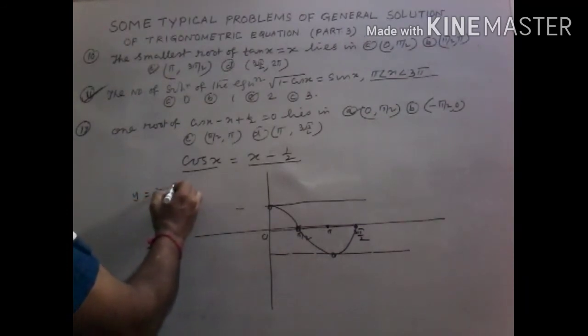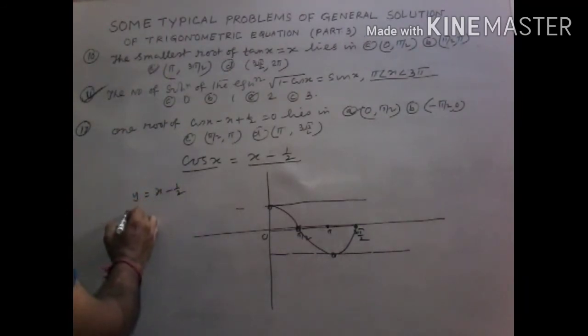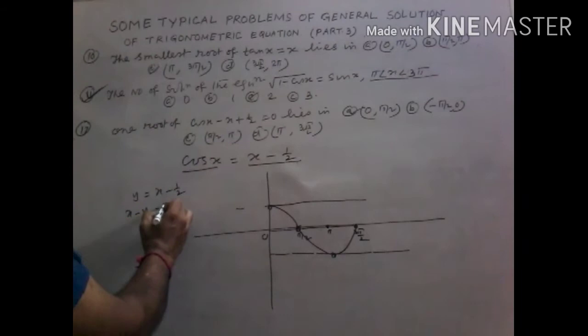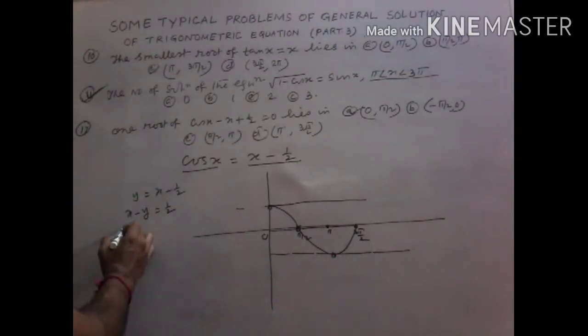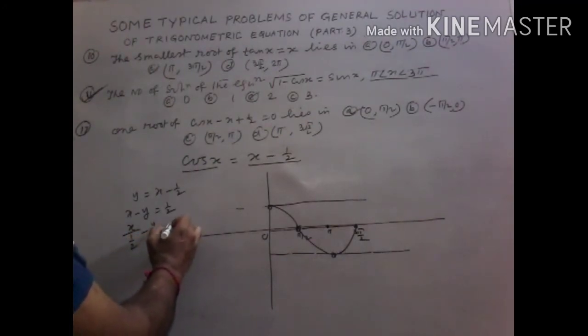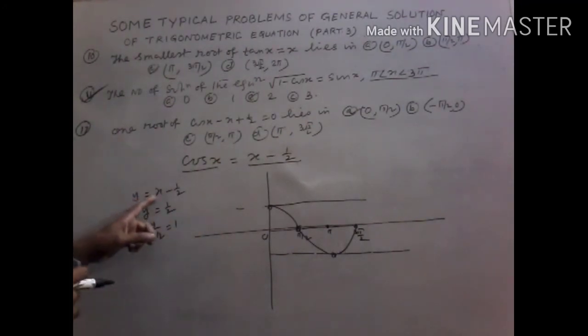Now y equals to x minus half. So x minus y equals to half. So x by half minus y by half equals to 1.